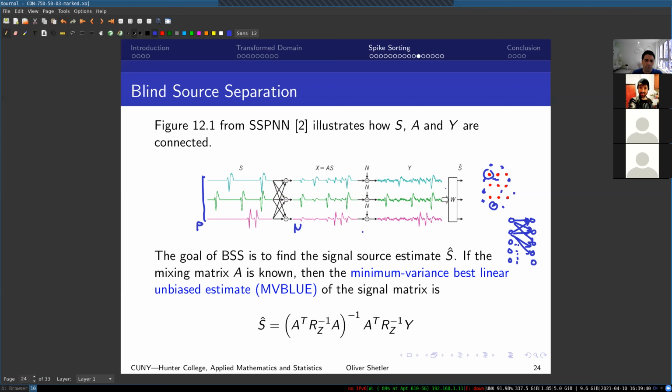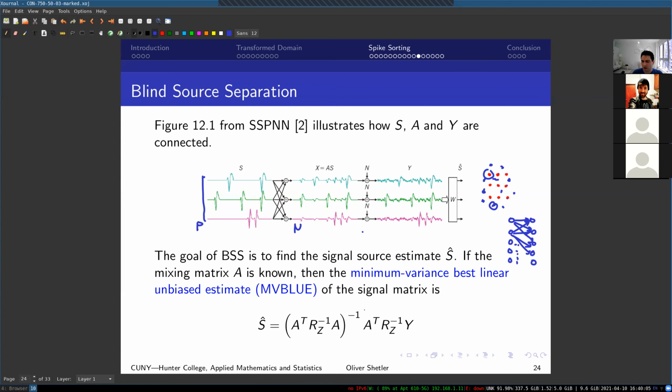So the goal of blind source separation is to find the signal source estimates, which can be summarized in a matrix of signal source estimates, S hat. And if the mixing matrix A is known, then there is in fact a minimum variance best linear unbiased estimate, which is equivalent to this formula here.